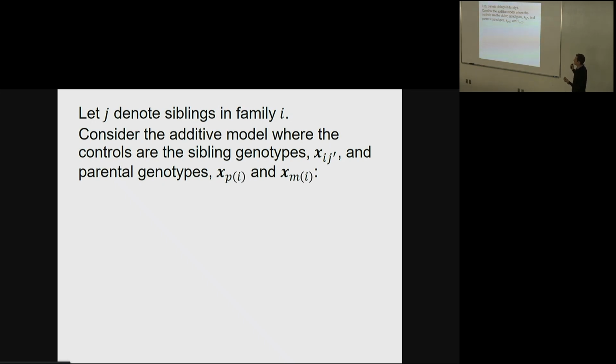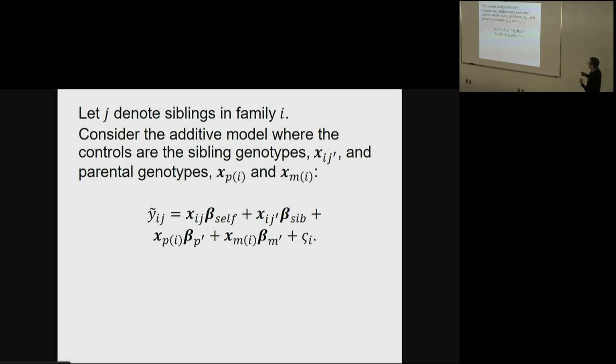But now I'm going to specifically make the set of control variables the sibling genotypes, which I'm going to call x_ij prime, and the parental genotypes that I'm going to write this way: the father of i and the mother of i.